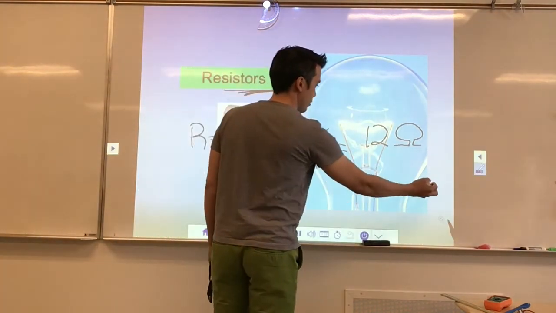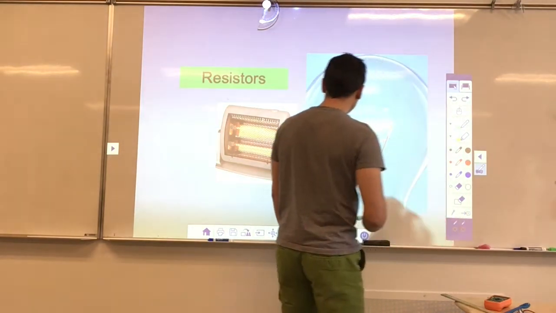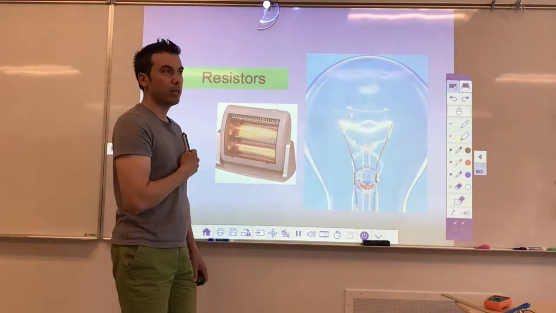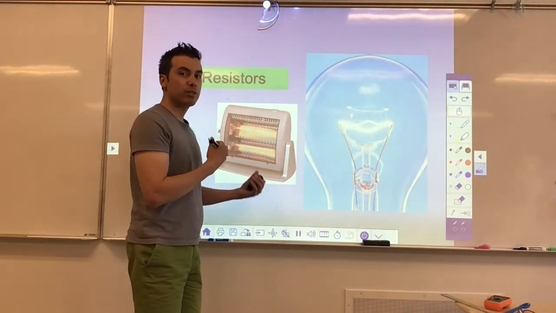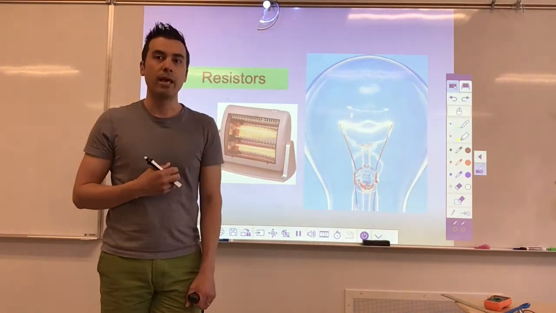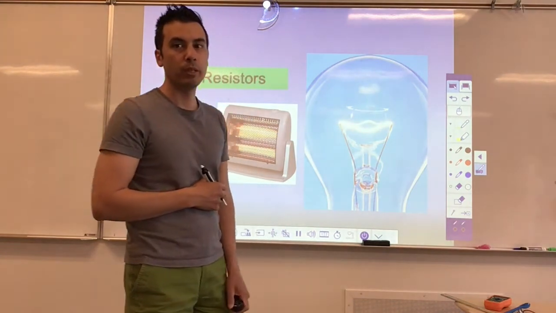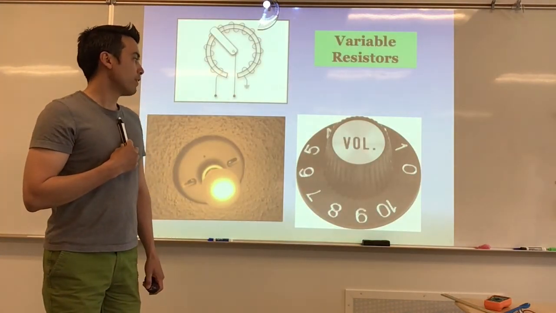So yeah, we see resistors in everyday life. One might be some type of electric heater. We just use a highly resistive metal, run electricity through it, and the electrons release their energy as heat. We already talked about the tungsten filament in an incandescent bulb. There are also variable resistors.